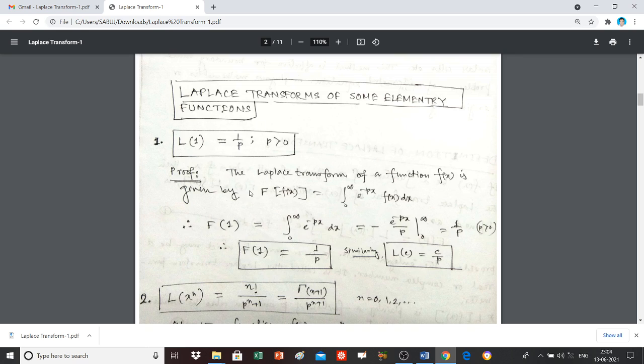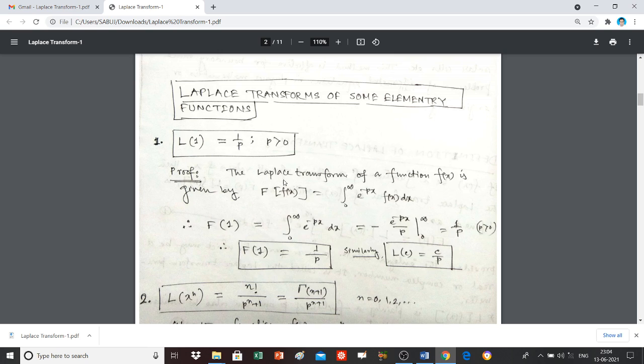So the proof is here. You know that if you have a given function f(x), its Laplace transformation can be given by L of f(x), that is 0 to infinity e to the minus px f(x) dx. Okay, this is the definition of the Laplace transformation of the function f(x).